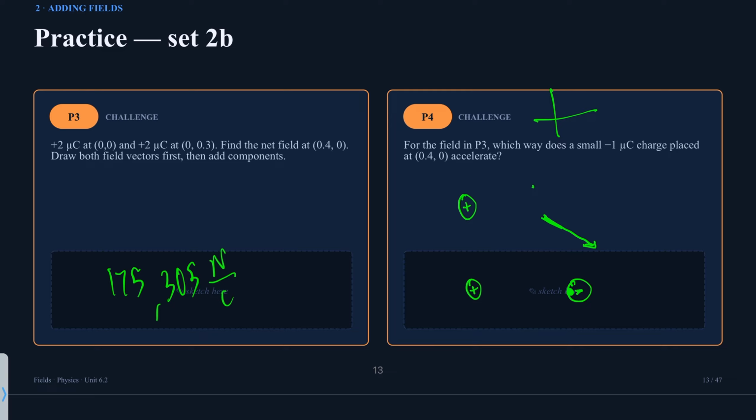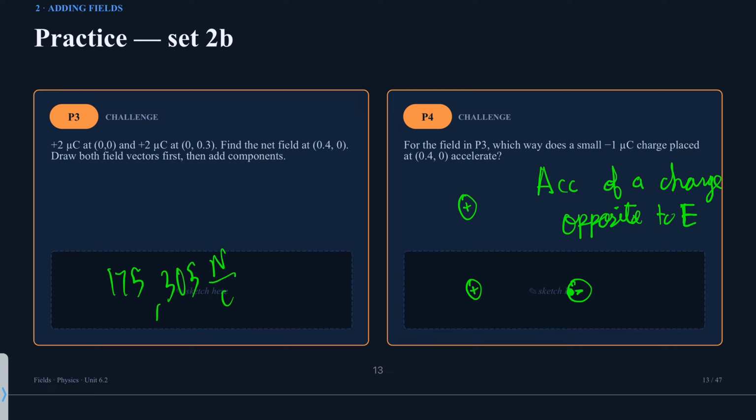Let's write this down: the acceleration of a charge is always opposite to E. Whichever direction E is telling you you're going to go, your charge is going to go opposite to that. And of course, that's only when you have opposite charges.